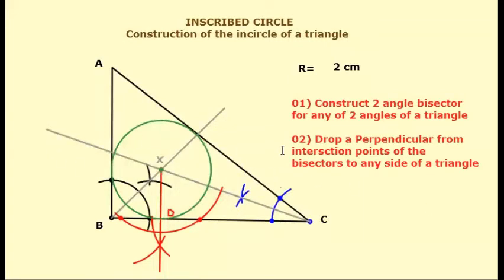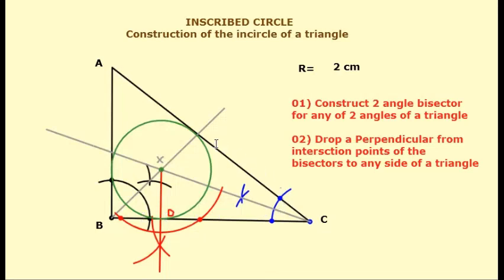Finally, to summarize the two key points of the incircle construction: you need to construct two angle bisectors of any two angles of the triangle, and you need to drop a perpendicular from the intersection point to any side of the triangle.